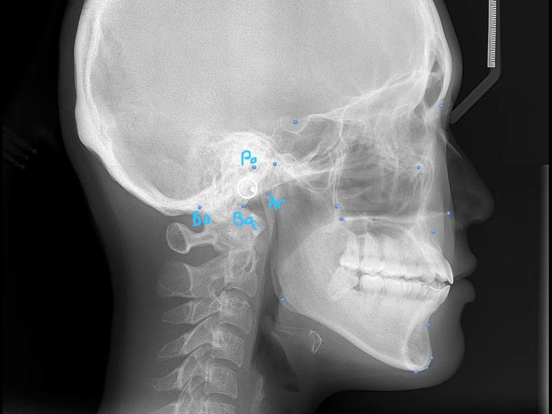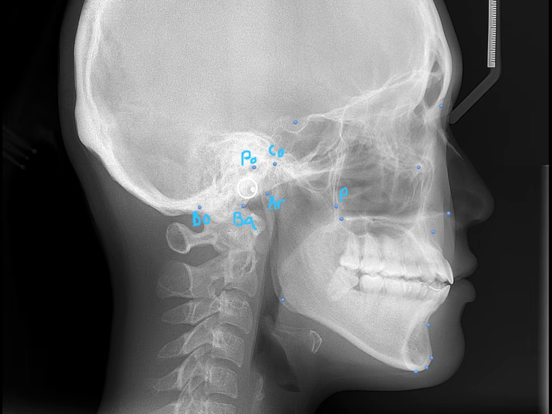So next, let's go to this one. That's condylion, CO, and it's the most posterior and superior point on the outline of the condylar head. The condyle can be pretty tough to see in a cephalometric. Next, we'll go over here.